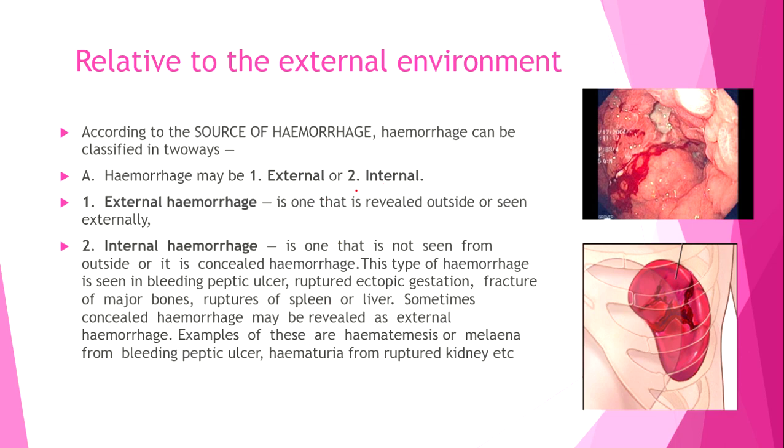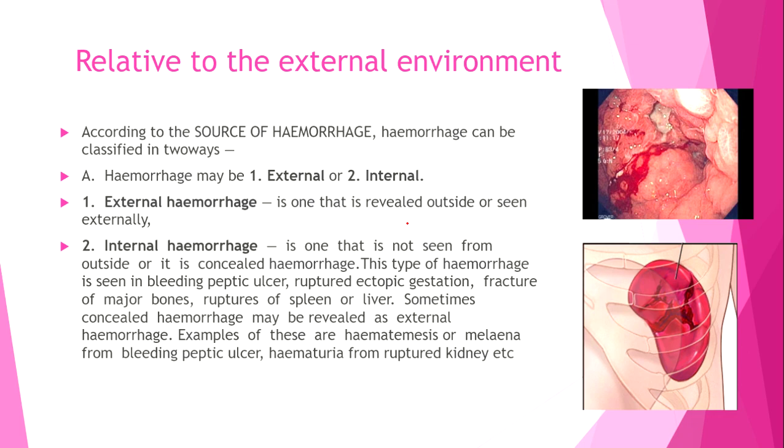External hemorrhage is one that is revealed outside or seen externally. For example, when somebody is stabbed by a knife, we see the wound, we know it's bleeding because we see blood, it's external hemorrhage. Second, internal hemorrhage is one that is not seen from outside, or it is concealed hemorrhage.